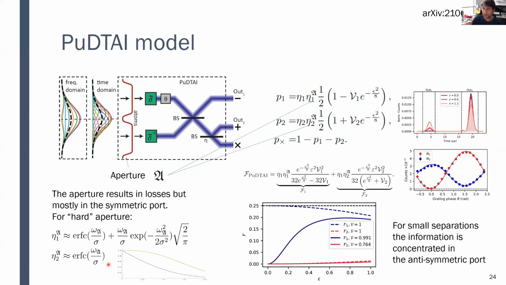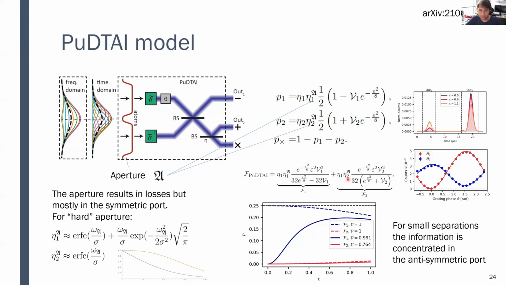Now, I don't want to go into too much detail in the modeling. However, importantly, even though we do lose a bit of the signal at the very input, which is related to the shape of the atomic ensemble, we can prove, and more of that is in the methods part of our preprint, that we still achieve a super resolved sensitivity.